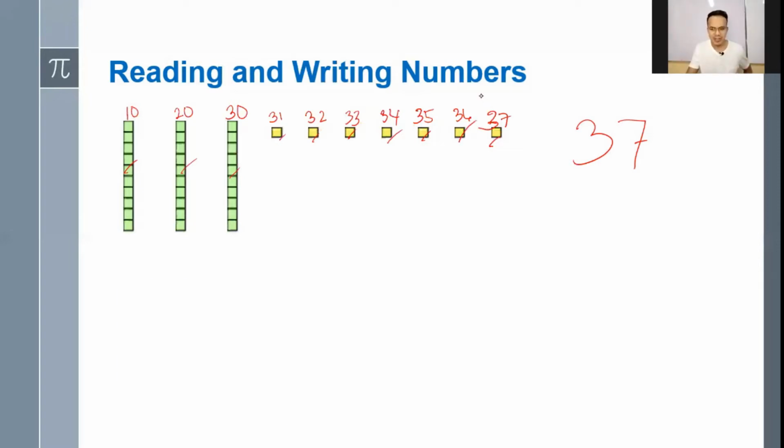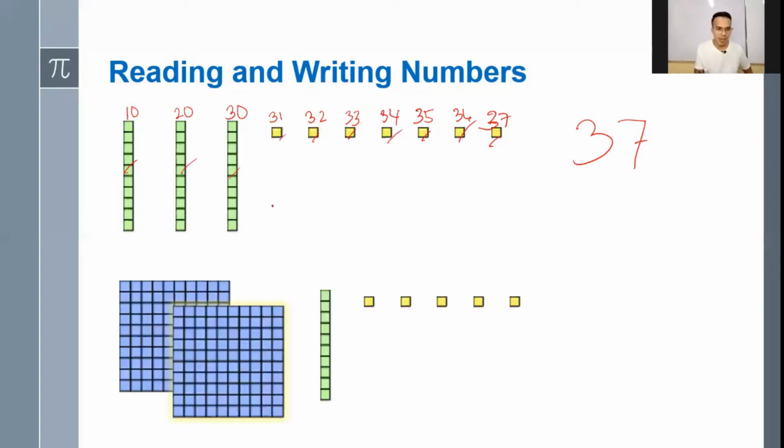Let's have another example. We have here some hundreds, 10, and some ones. This is how you count properly. We have 100. This is 200. So 100, 200.